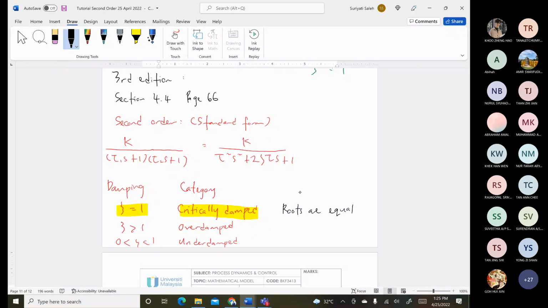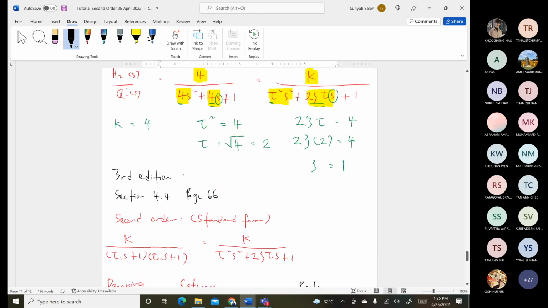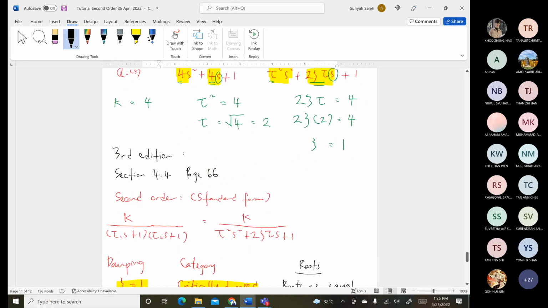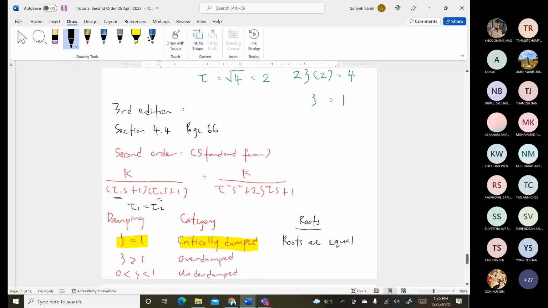So this is based on the roots. When you have the same root, normally you have the same tau 1 and tau 2. For example here, tau 1 equals tau 2, then automatically the roots are equal.